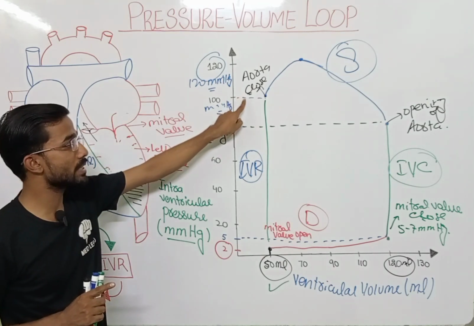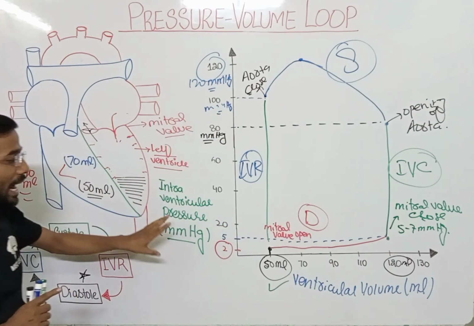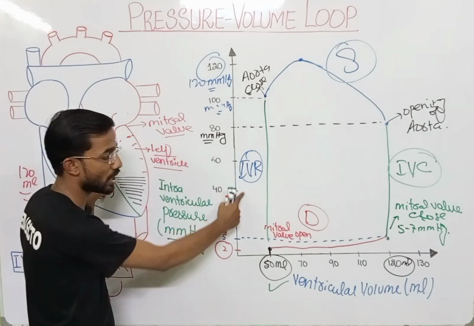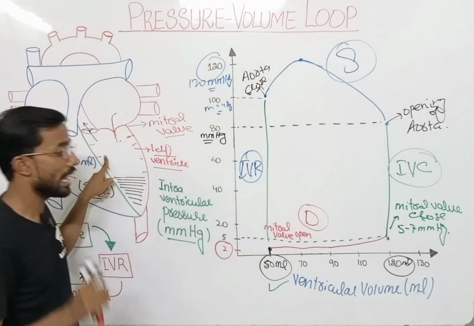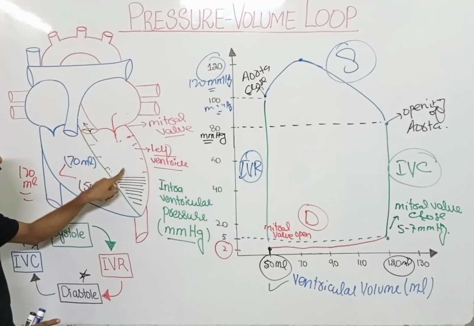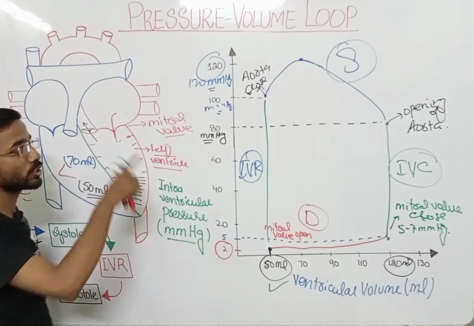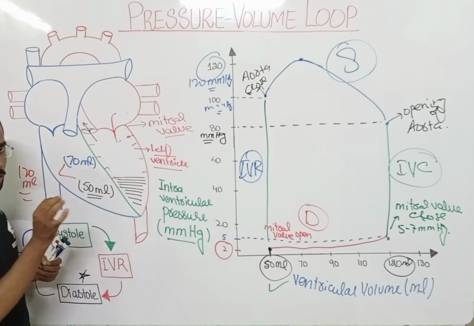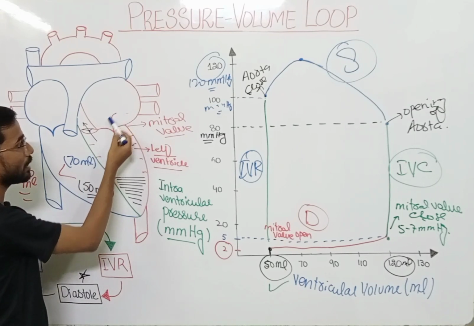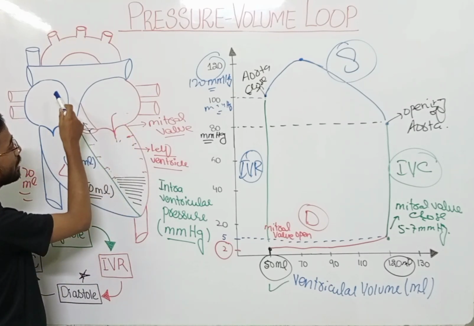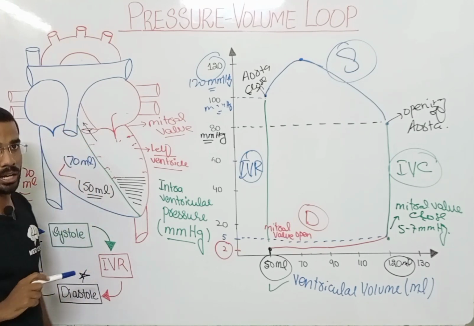After the isovolumic relaxation it goes toward the diastole, and before moving into the diastole the mitral valve opens and the blood starts moving inward. So this is the whole process. The important thing to notice is that 70 ml enters into the left ventricle and 70 ml is released into the aorta.